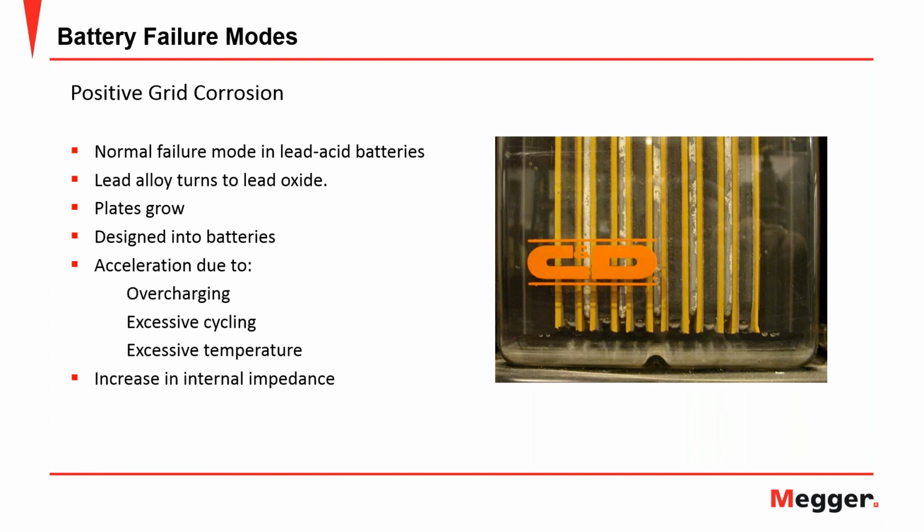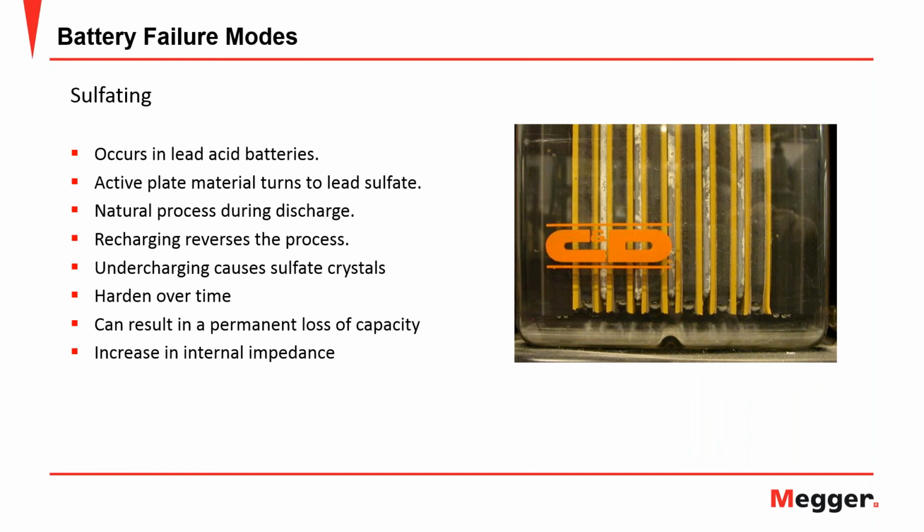You also have sulfation that occurs. Sulfation occurs as a battery is discharged. When the battery discharges, the active plate material turns into a lead sulfate. When you recharge it, it reverses the process. Now, when the active material turns to a lead sulfate, again, you're losing active surface area.